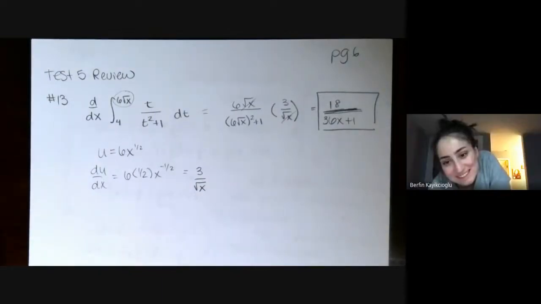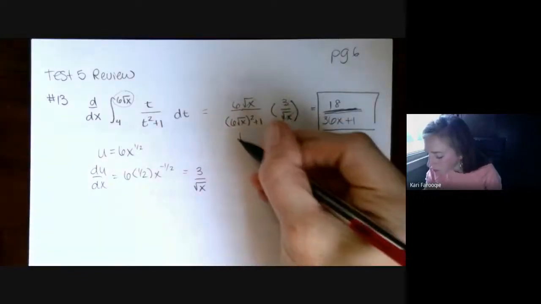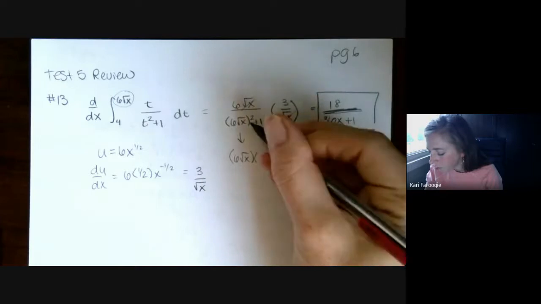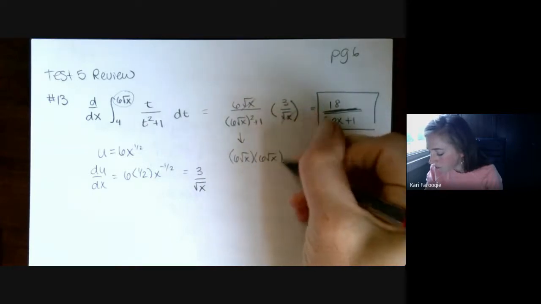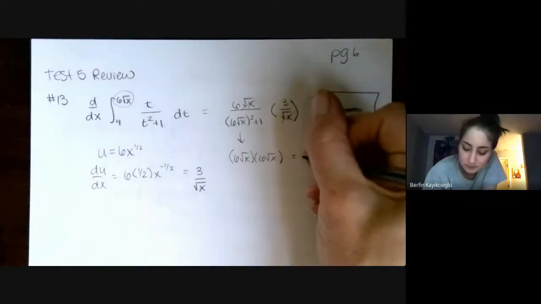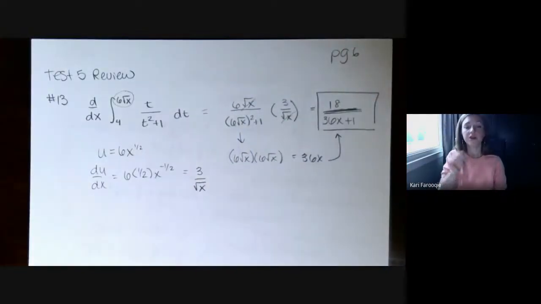How'd you get 36? I'm kind of confused with this one. Oh, so 6 times the square root of x is being squared. So when you're squaring it out, you're just multiplying it by itself. Okay. And that's where you get the 36x. Yours will be different.